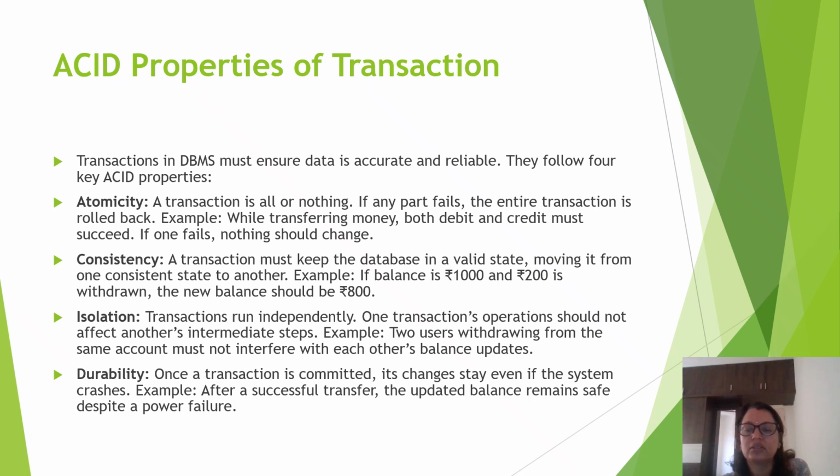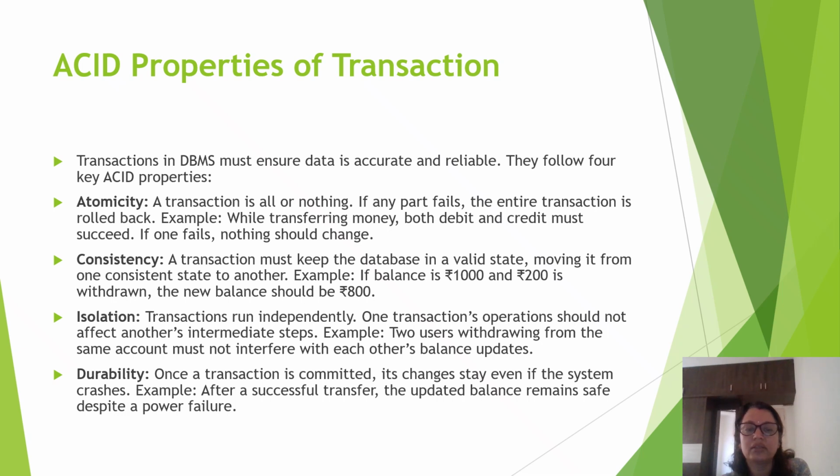The next property is consistency. As in the example, the final amount should be 4,000 for A and 5,000 for B. But when money has been deducted from account A and then a network failure or transaction failure happens, and the money is not credited to account B, the amount shown will be 4,000 for account A and also 4,000 for account B. Then we can say it is not in a consistent state and the value is not correct.